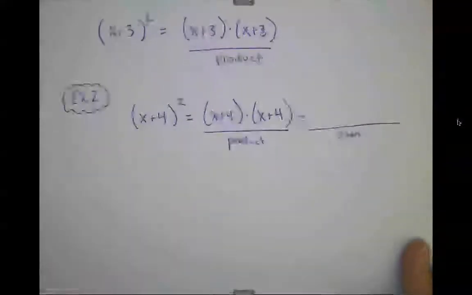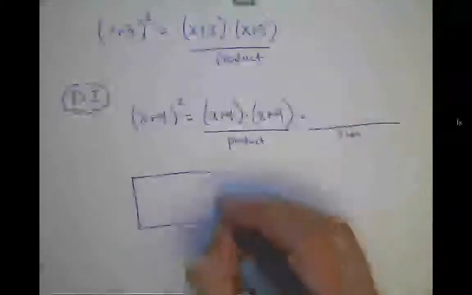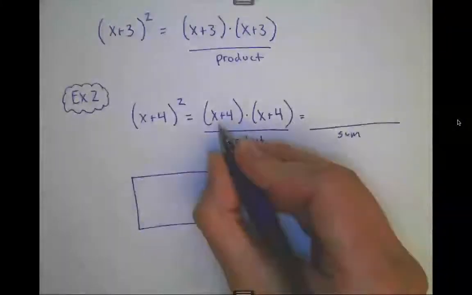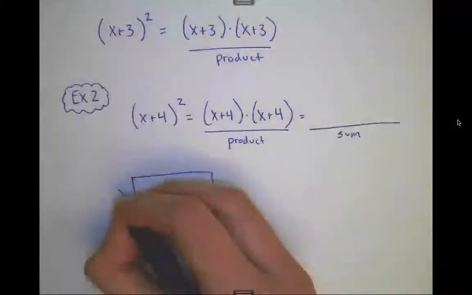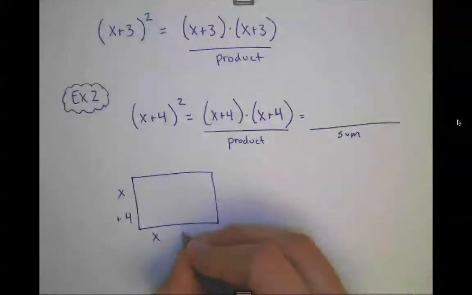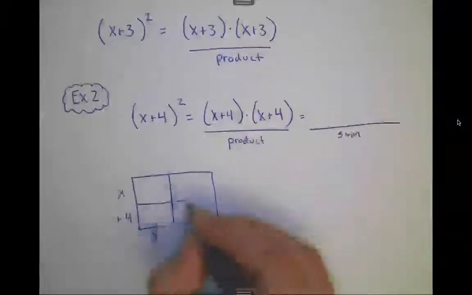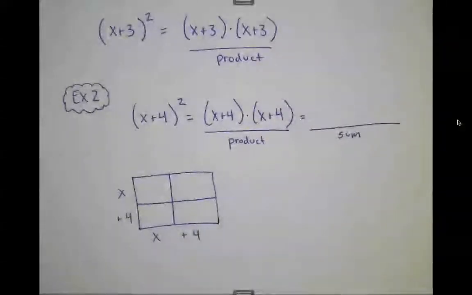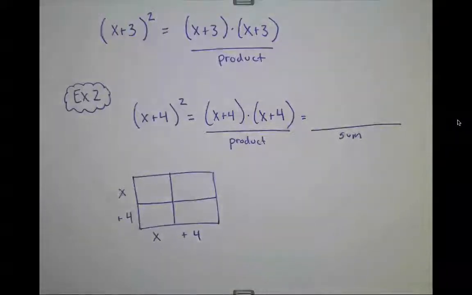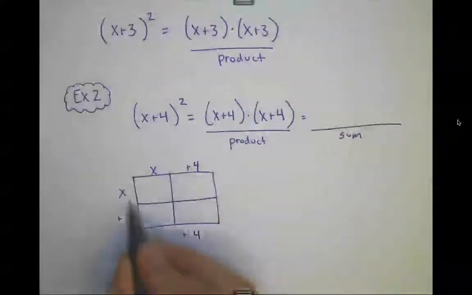So the generic rectangle says we draw a rectangle, and x plus 4 is kind of like a length, and x plus 4 is also our width. We've done a lot of these in class, so we're getting speedy at these. We label the rectangle and break it up into sections. If it's x plus 4 on the bottom, it's also x plus 4 on top, and x plus 4 on the sides.